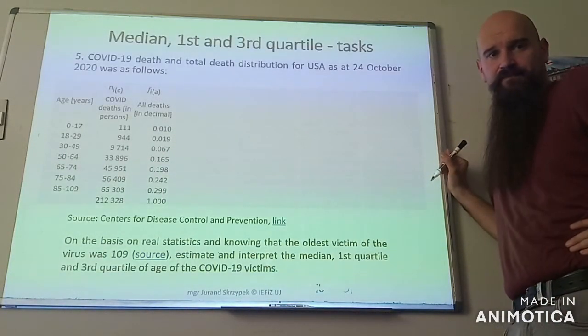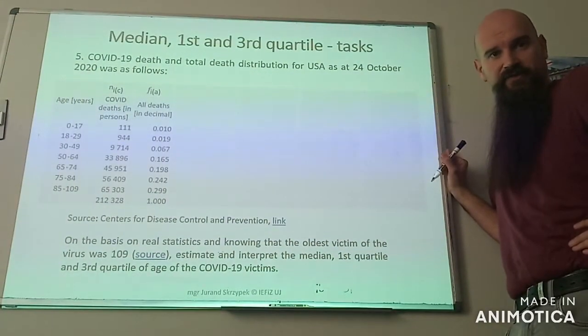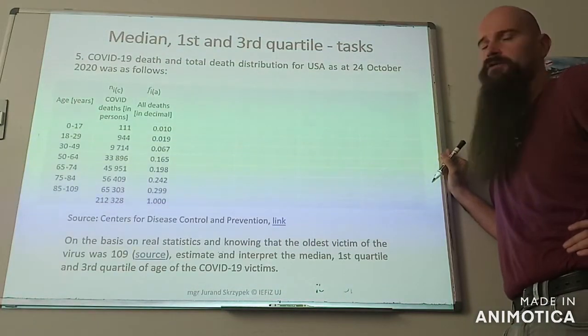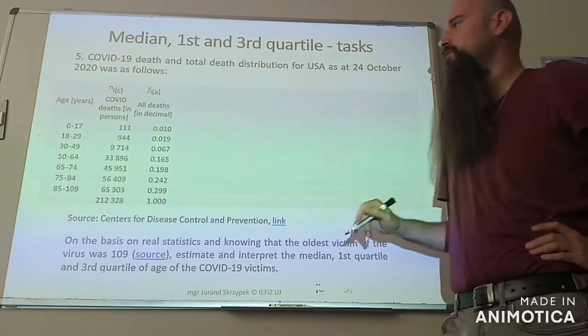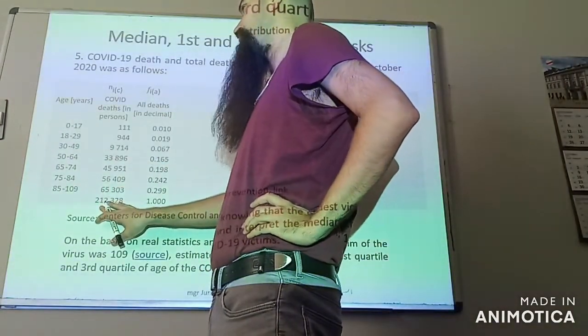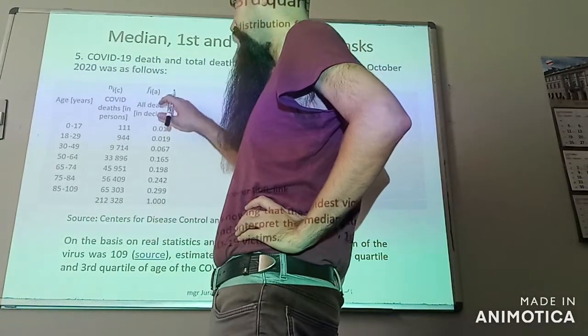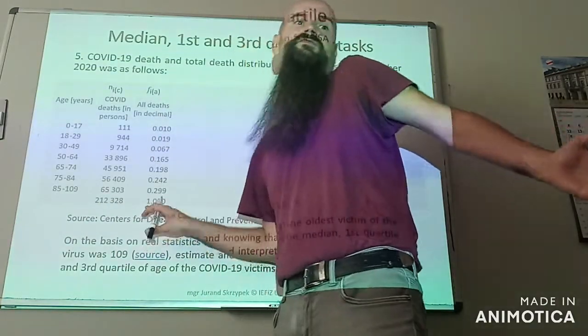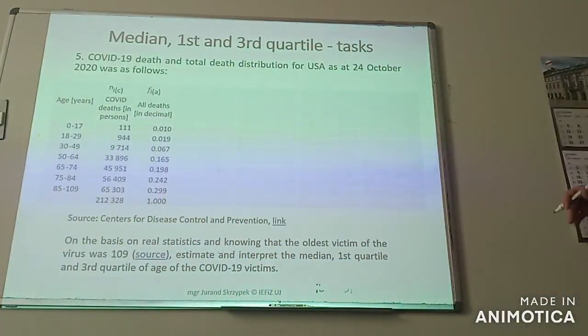Okay, let's compute and interpret the median of age, the first quartile of age, and the third quartile of age of death due to COVID-19 and death due to a variety of reasons in the US.